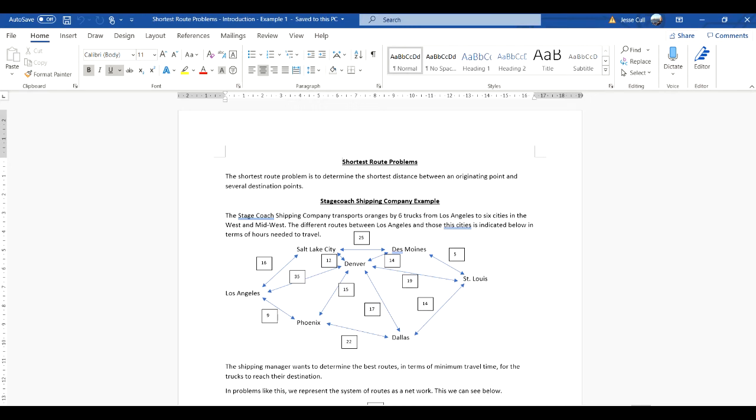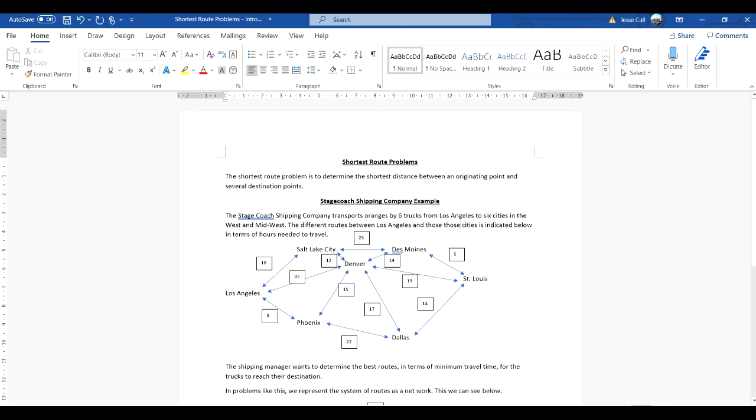The different routes between Los Angeles and those cities are indicated below in terms of hours needed to travel. So we start in Los Angeles here. If we want to go to Salt Lake City, it's 16 hours. From Los Angeles to Denver, 35 hours. From Los Angeles to Phoenix, 9 hours.